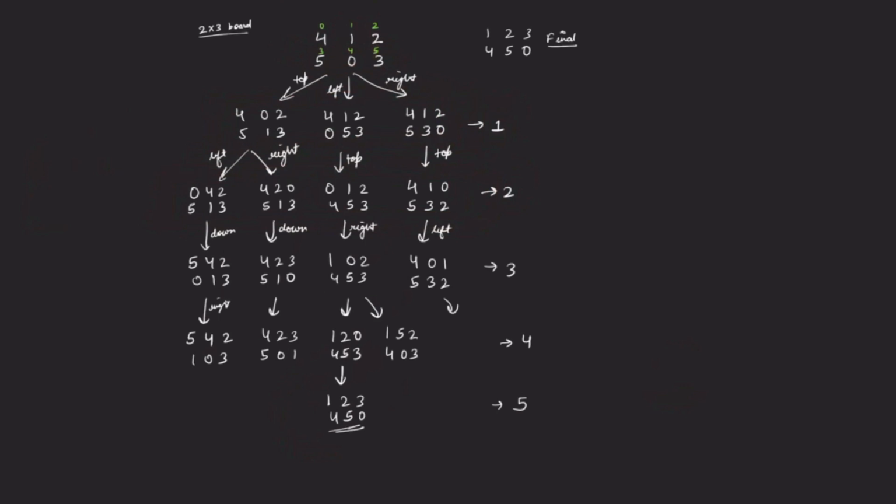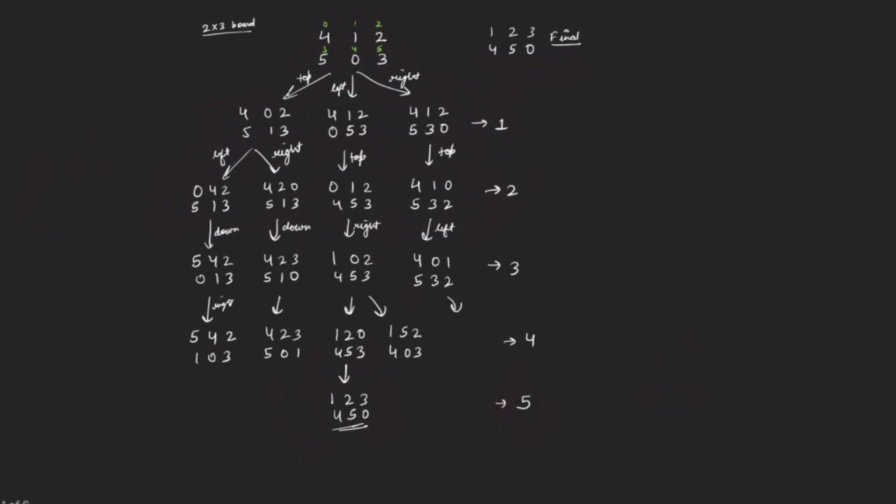Now another thing to notice here is that a particular board state which we have already considered, we are not considering again. Right? Meaning if a board state is already visited, there is no need of visiting that board state again. Right? And the third thing is that whenever we get our board state equal to the final state, then at that point, whatever is the number of moves, we say this is our answer.